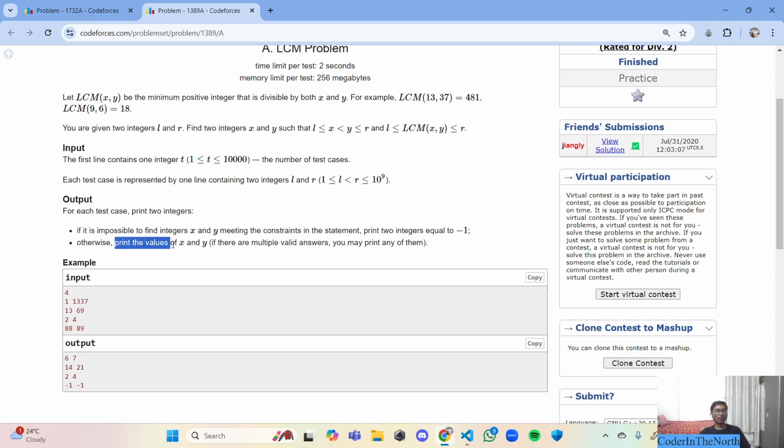Otherwise, print the values of x and y. And here's the catch: if there are multiple valid answers, you may print any of them.